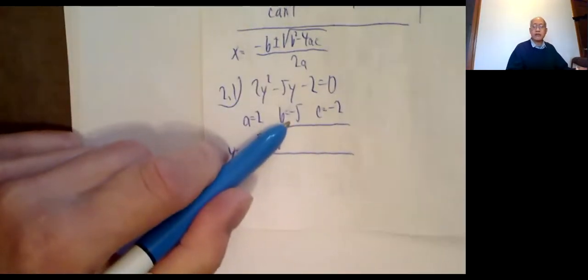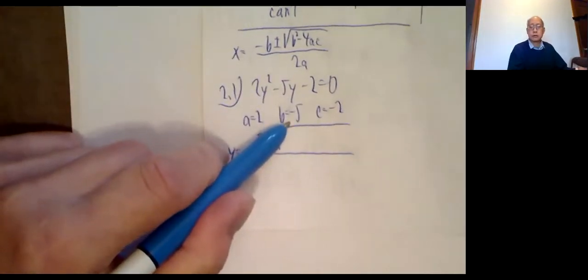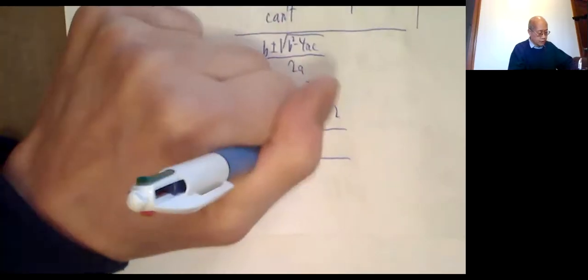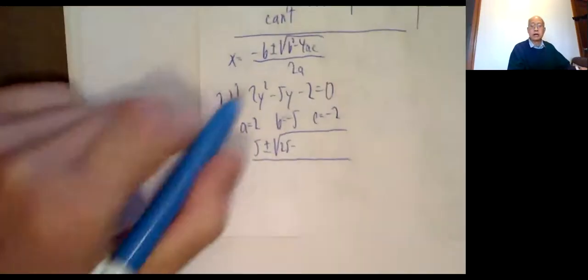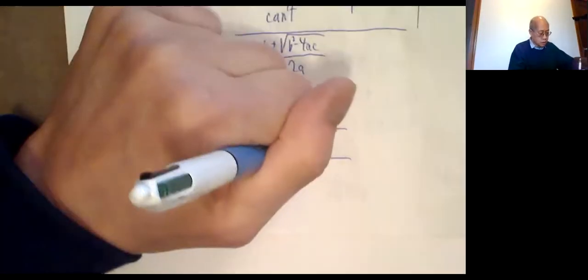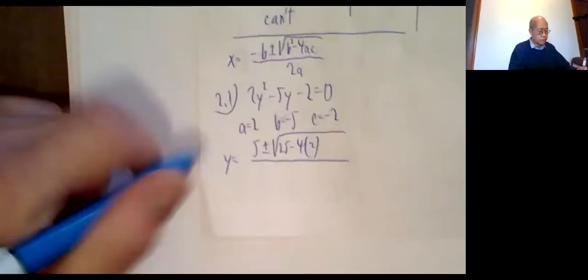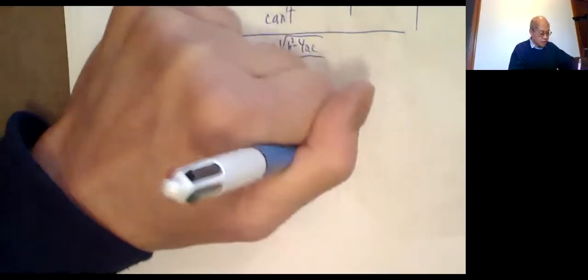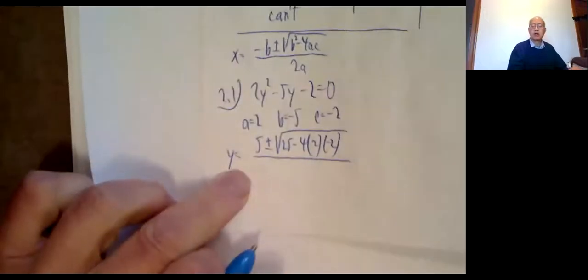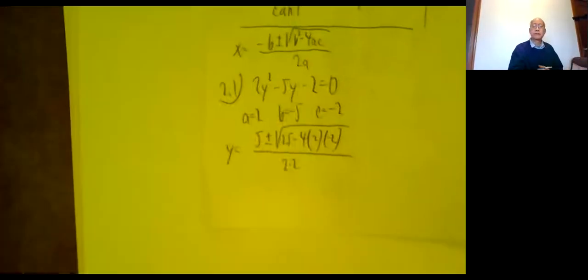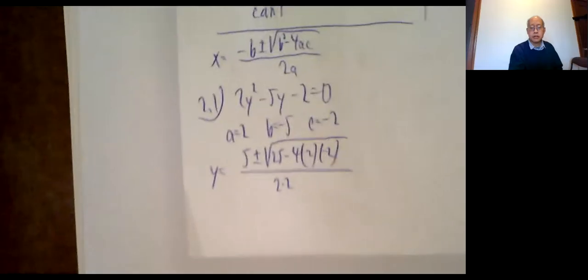What is negative 5 squared? 25. Minus 4ac. 4 times a, which is 2, times c, which is negative 2, over 2 times a, 2 times 2. There it is. Just grind it out and you're done.